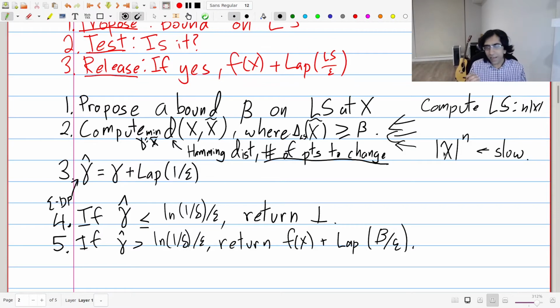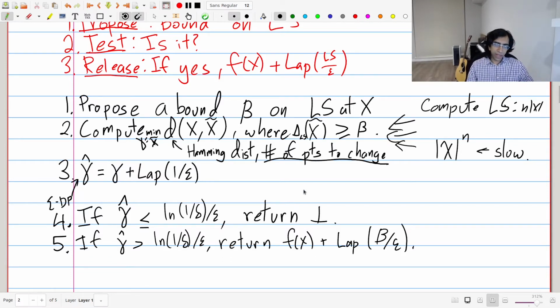Now, that said, there are certain cases where you can compute this distance to a highly sensitive data set. For example, the median is perhaps the canonical example where this can be done computationally efficiently. So I would recommend you try to work it out. See how you would compute the minimum distance to a sensitive data set for the median.